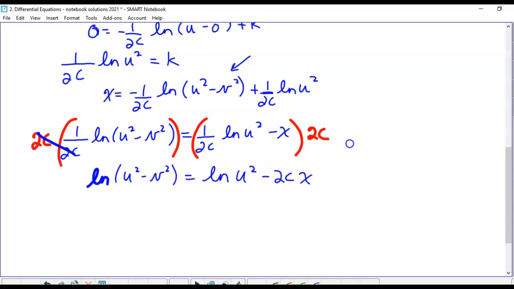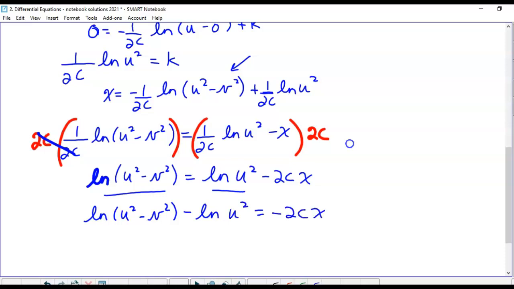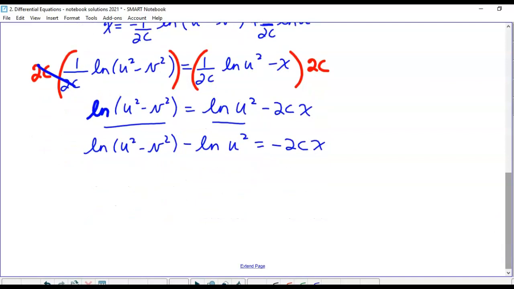And then, now actually, I want to get v squared by itself. But there's 2 terms with ln in them. So if I bring that ln term to the left, then I can show this as 1 logarithm.